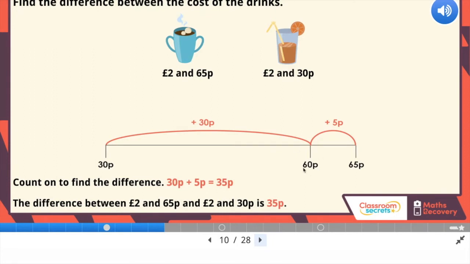Remember those number facts that we have learned. And then to get to 65, we just add on 5 more p, and then add on the amount you've counted on. 30p plus 5p equals 35p. So the difference between £2 and 65p and £2 and 30p is 35p. That's how you use a number line to help you.